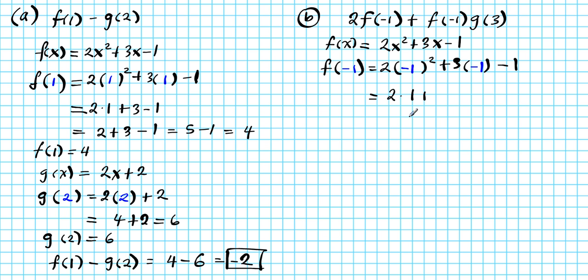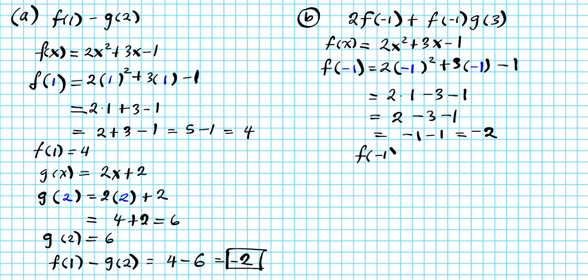And 3 times negative 1 is negative 3, minus 1. Simplifying further, 2 times 1 is 2. 2 minus 3 minus 1. 2 minus 3 is negative 1. So minus 1 equals negative 2. So this is f of negative 1.